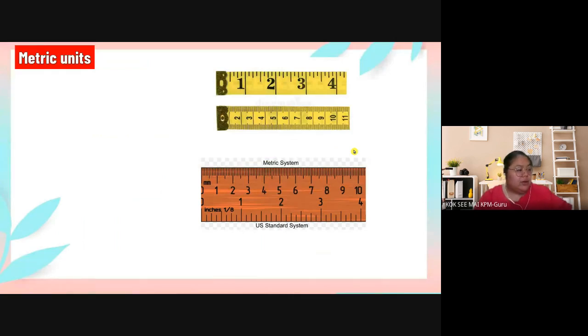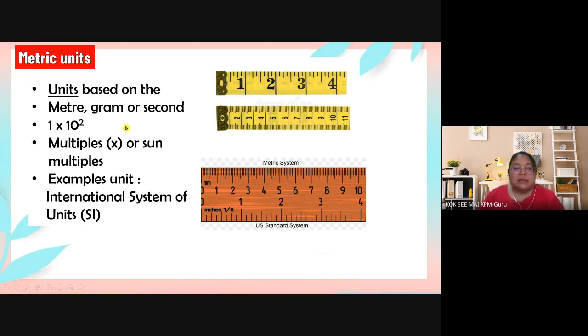Okay, now we see metric unit. Okay, you can refer the notes that got mentioned for you. What means of the metric units? Okay, metric unit is what we're using now lah. Example, meter, gram, second. Okay, or you want to write example 100 like this, you do not want to write so many zero, you put standard form, power of 2. This one we call metric units.